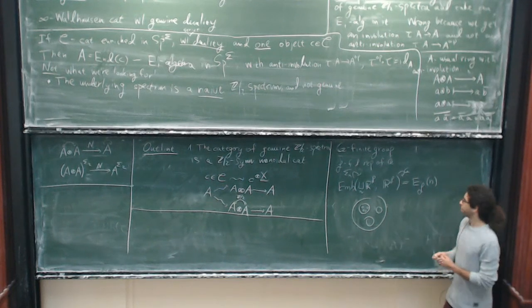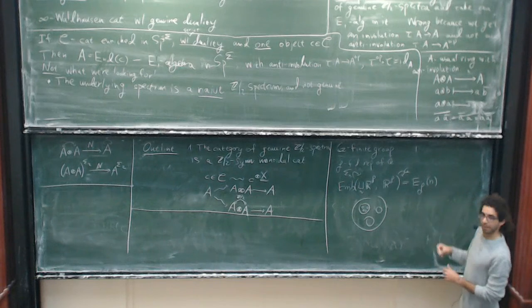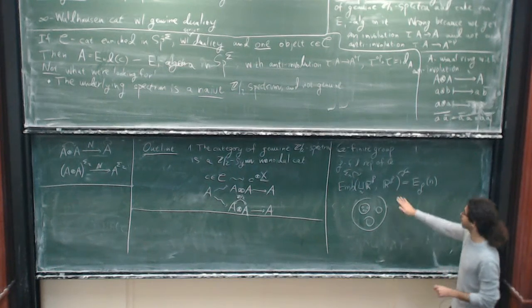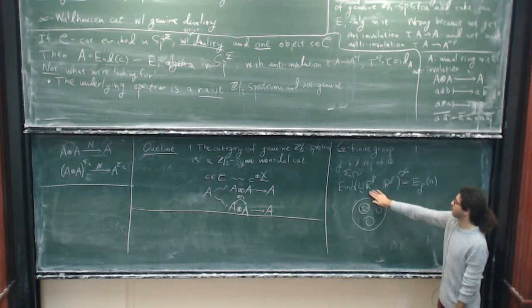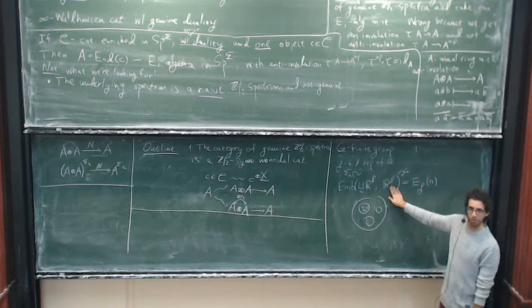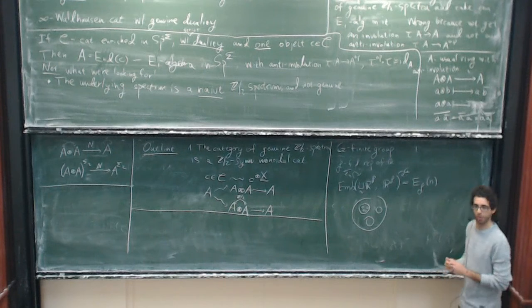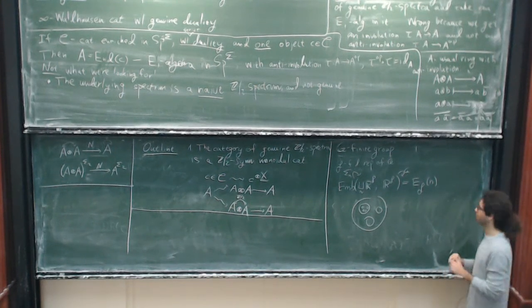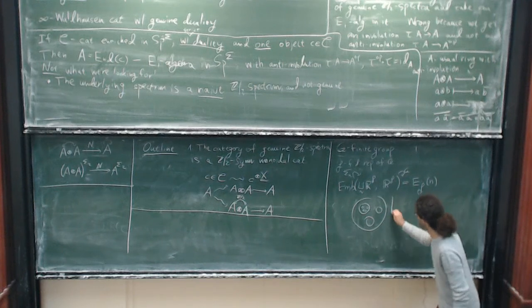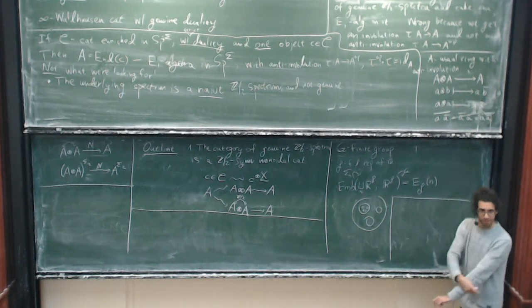So this is embedding in the usual sense. Just think of this as a topological space, and just embeddings of topological spaces. That's all we want. So this is actually a G operad.